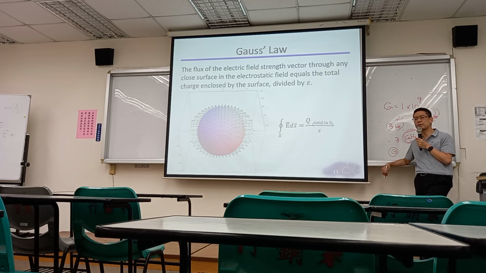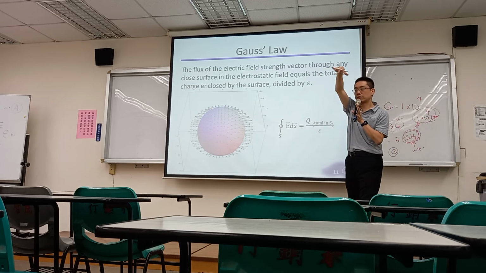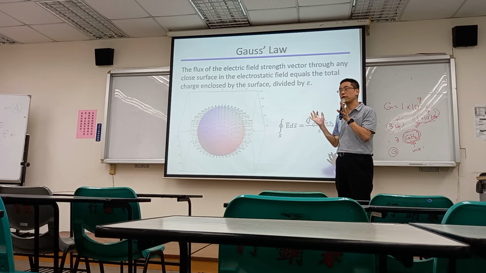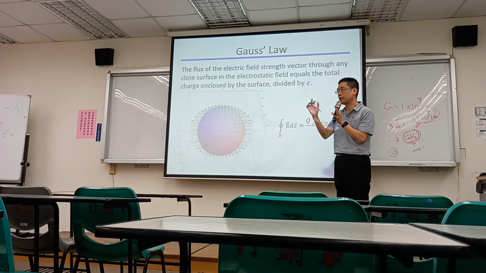Have you ever learned this before? No? I integrate any space. I use the closed surface integral to anywhere. You will know the result equals the charge inside this space.